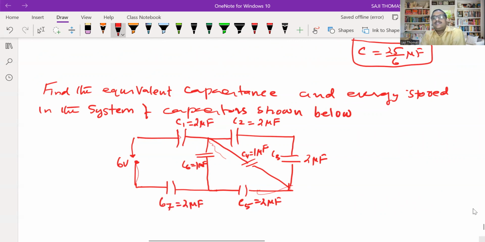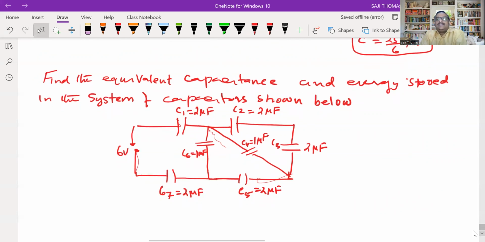Okay, these are the system of capacitors. You need to find out the equivalent capacitance and energy stored. First, you look at the circuit and identify series and parallel combinations.